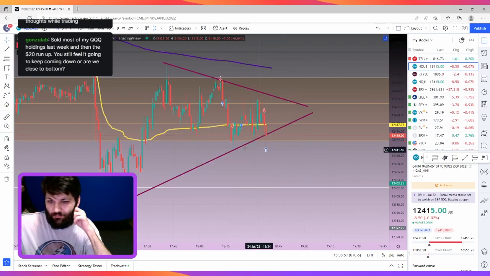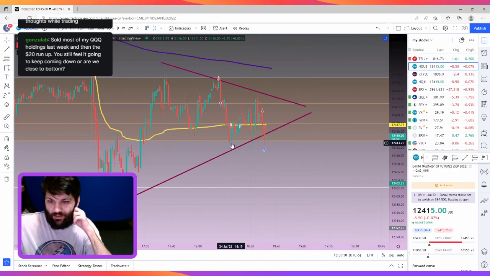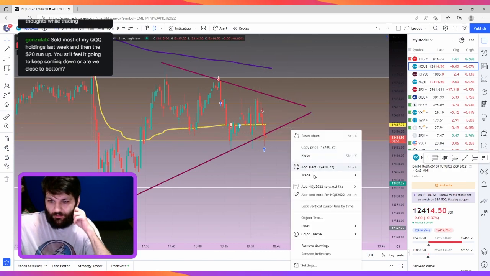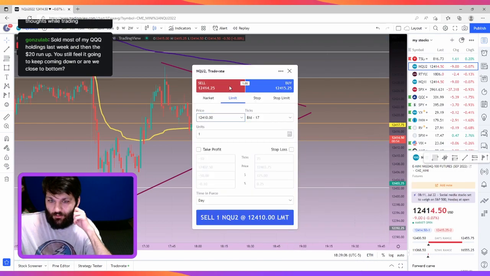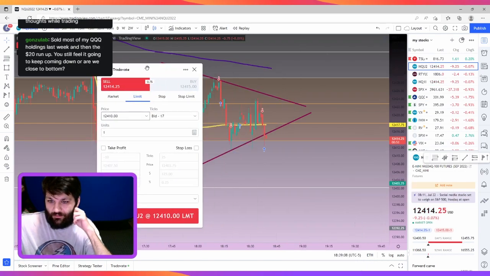This was a big pop area and I don't want to get caught with the pop back again. Now, will I re-enter? Yes, if I can, which would be like 16.